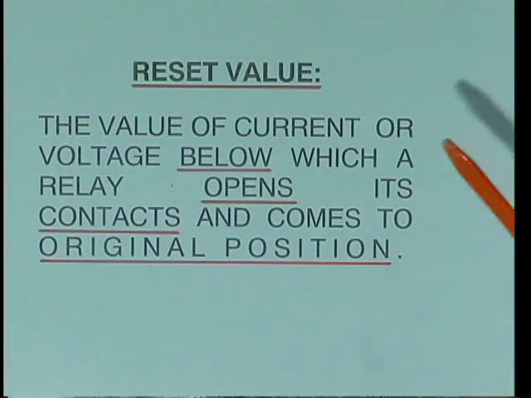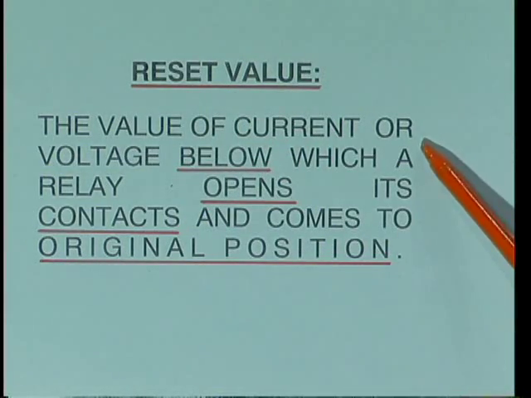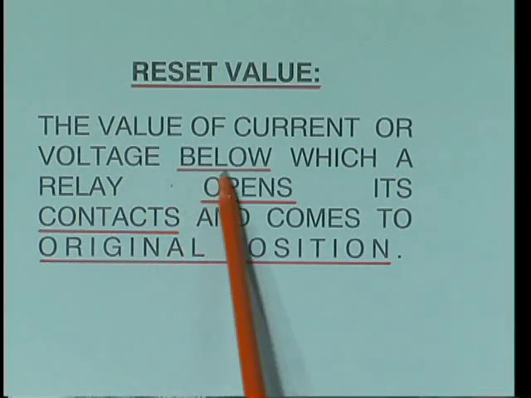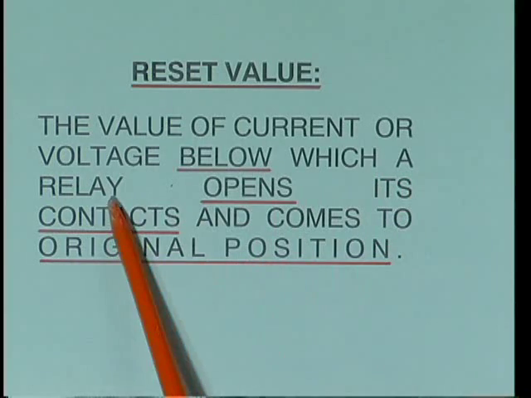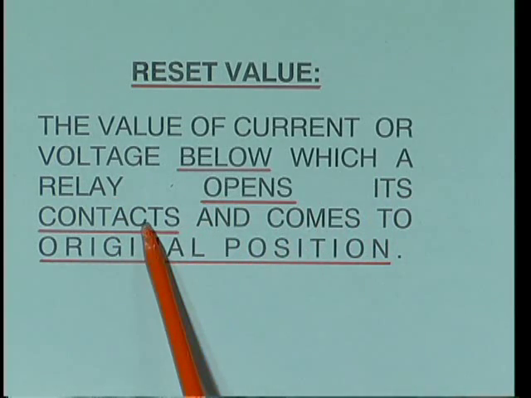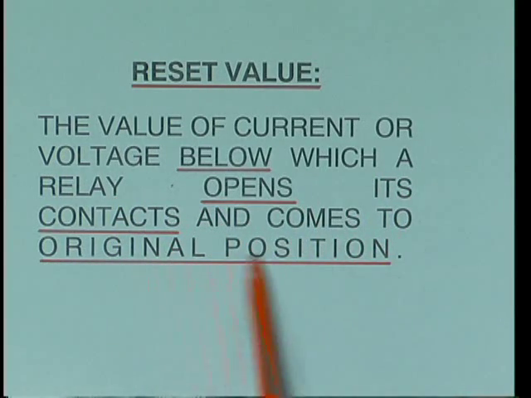Next one is the reset value. The reset value is the value of current or voltage below which a relay opens its contacts and comes to its original position. Once the relay operates, it remains in the on position, that is the contacts are closed, so we must open the contacts.